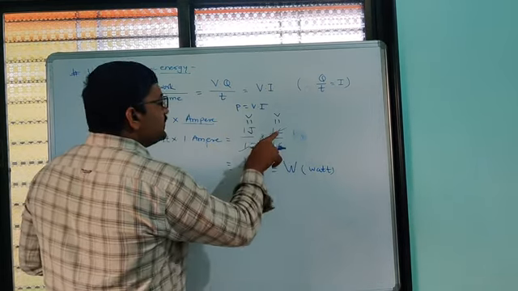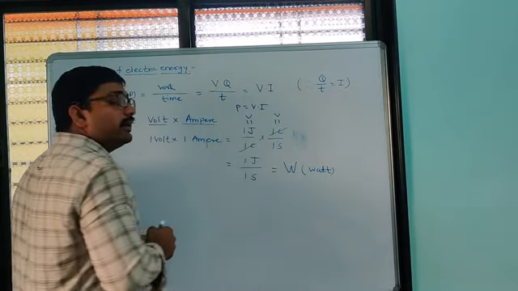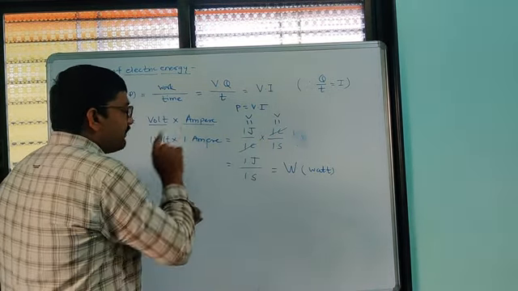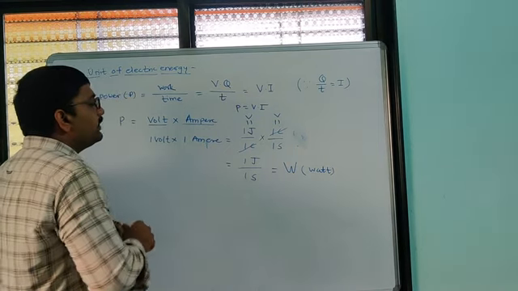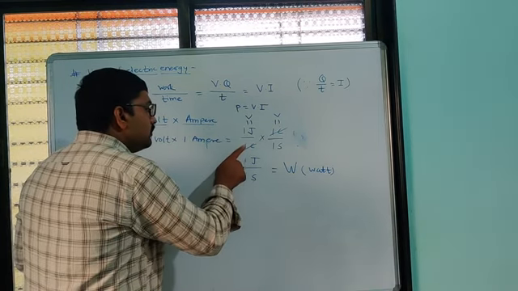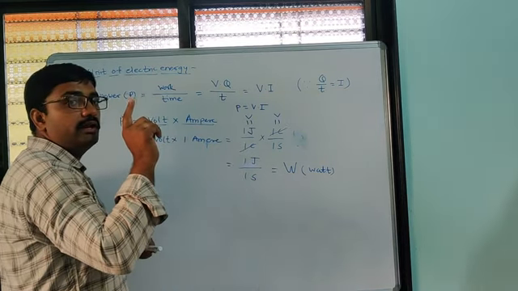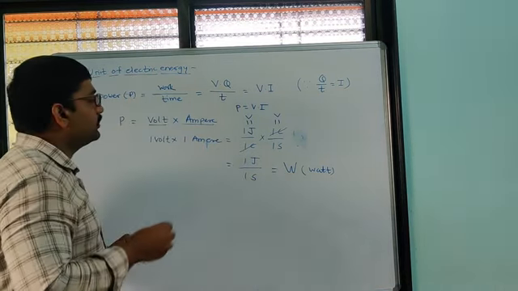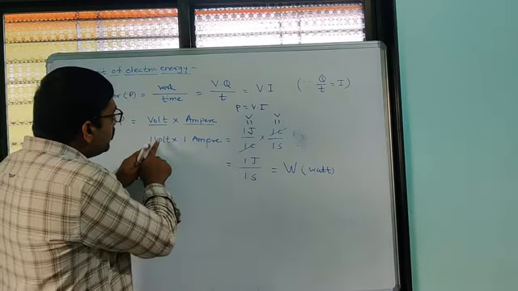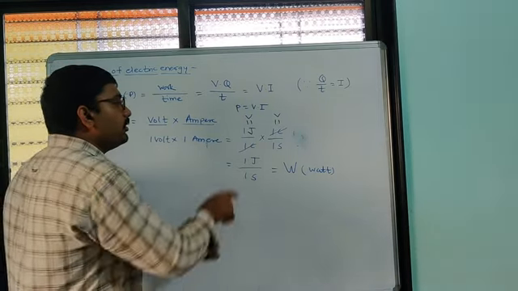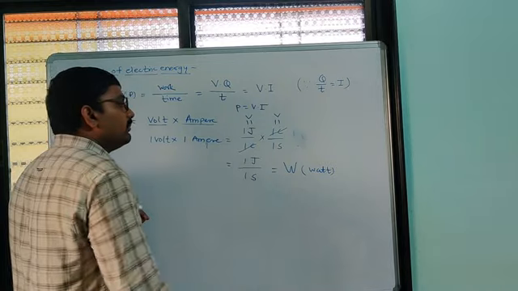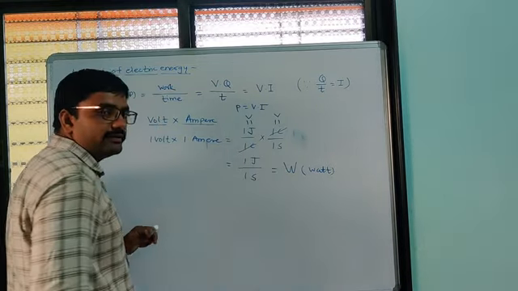So 1 coulomb per 1 second is 1 ampere, and 1 volt is 1 joule per 1 coulomb. That is the potential difference. That simply means 1 volt into 1 ampere will be equal to 1 joule by 1 coulomb into 1 coulomb by 1 second.